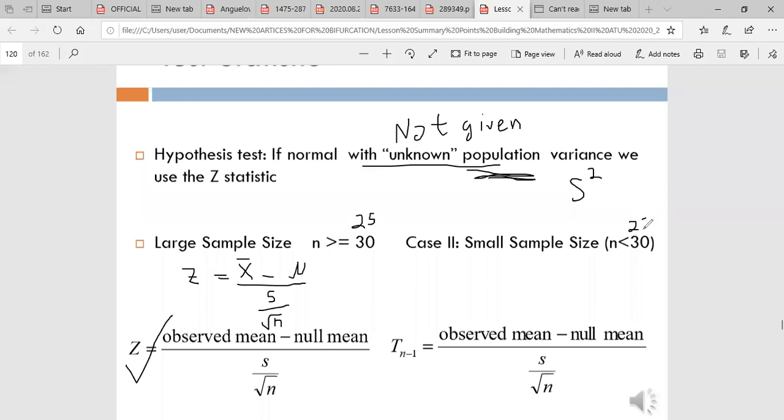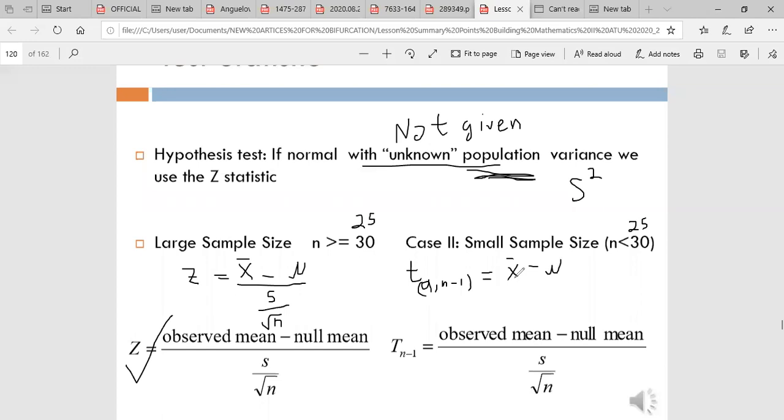then use the T statistic. We call it the student T statistic with n minus 1 degrees of freedom. Good. And then it is the same formula. The difference there is the reading of the tables.